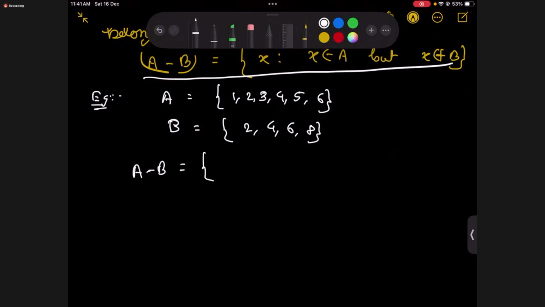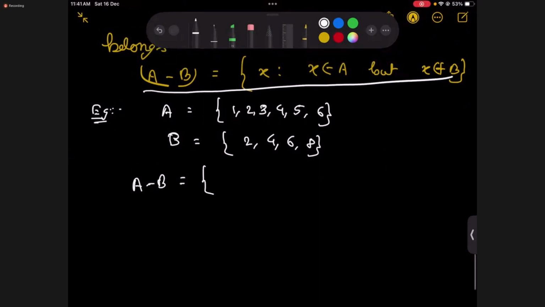First check 1. 1 belongs to A, but 1 does not belong to B. So 1 will be here. And what about 2? 2 belongs to A, but 2 also belongs to B. So 2 will not be there. What about 3? 3 belongs to A, but 3 does not belong to B. So 3 will be there.